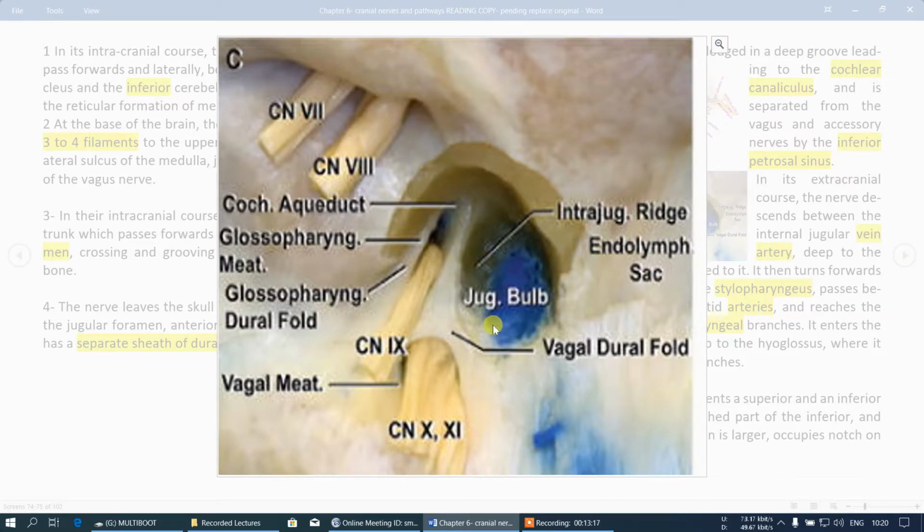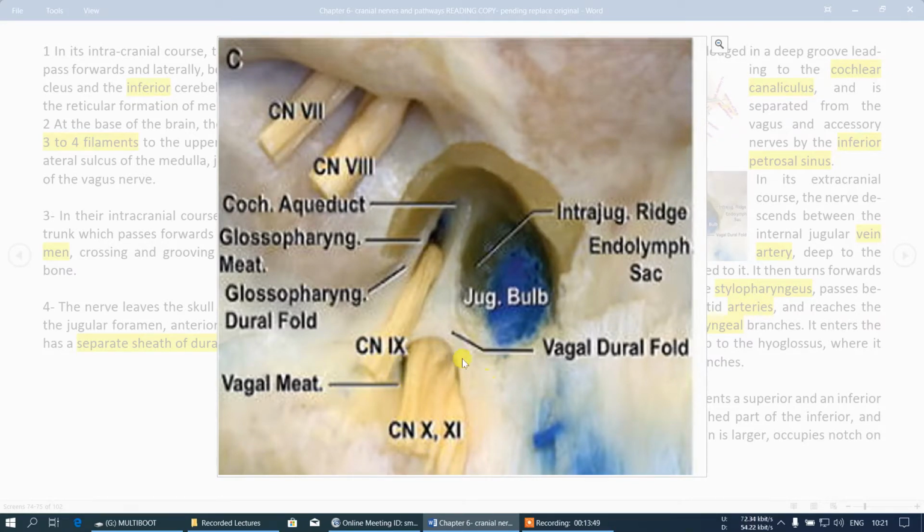This is the jugular bulb or internal jugular vein, and it is connected from this side by the inferior petrosal sinus. The sinus passes from this side to the bulb of the internal jugular vein, and around this sinus there is the meningeal layer of dura mater enclosing all the structures. This whole white area is the meningeal layer of dura.